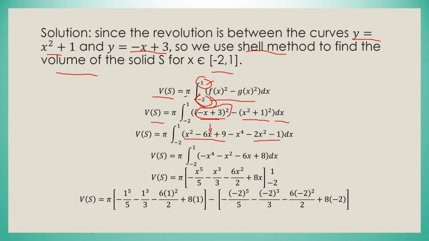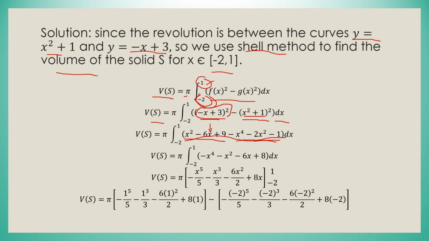And we have x to the 4th plus 2x squared plus 1 because we simplify this (x squared plus 1) raised to 2. After that we can get this.